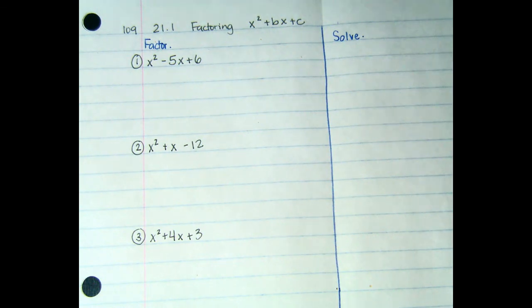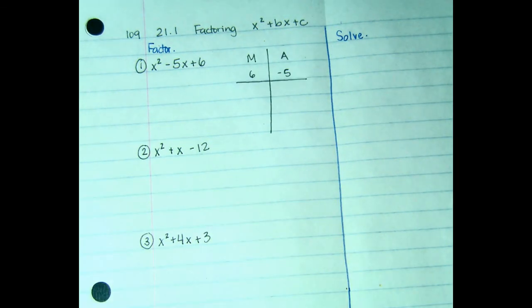So if you're multiplying to get 6, adding to get negative 5, what kind of numbers multiply to give you a positive, but add to give you a negative? Are you going to have positives, negatives, or one of each? I heard somebody say one of each. So negative times a positive is a positive.